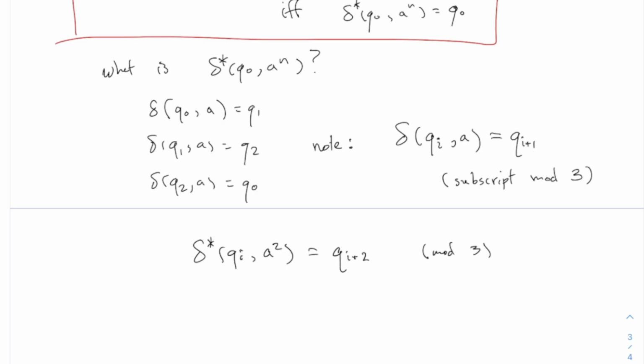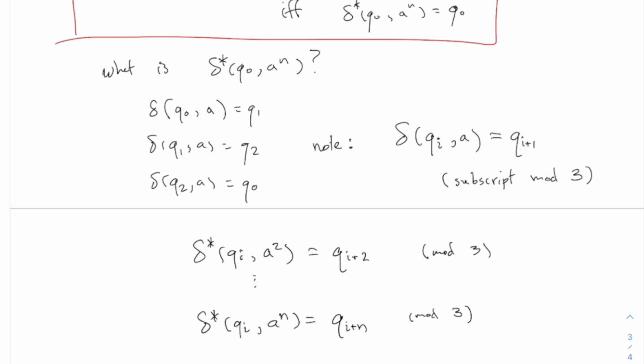Etc. Right? In fact, I think we can say delta star of Qi and a to the n is Q i plus n. If you read n different a's, each one of them just adds 1 onto the subscript. And so if you add them all up, you get Q i plus n, again mod 3. All right? I hope that you all agree with me.